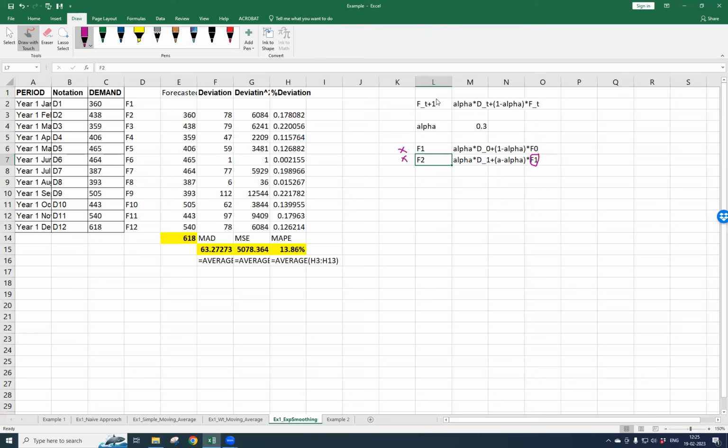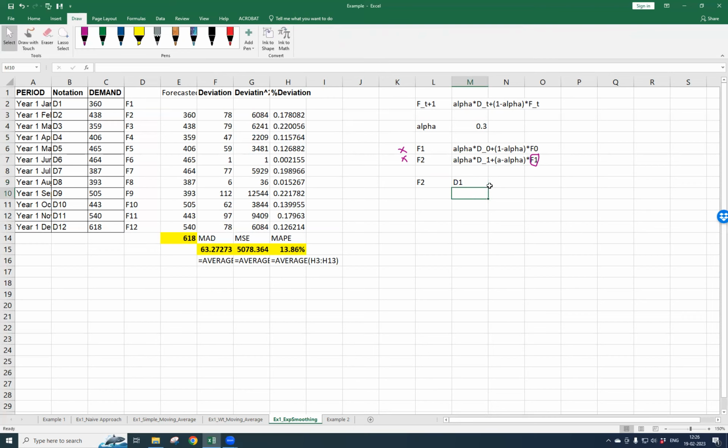Now, to avoid such a situation, we make an assumption that we start with: F2 works the same way as a naive forecast.